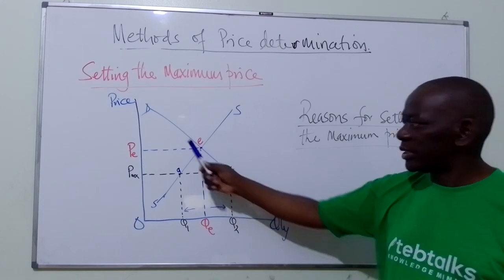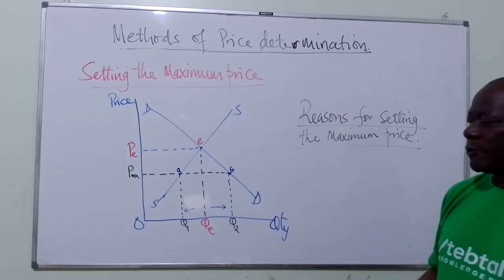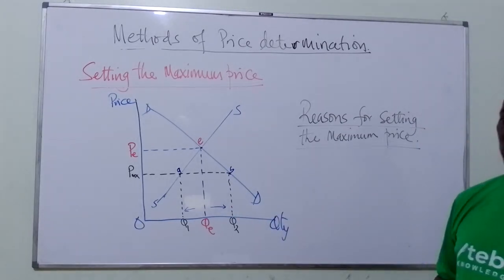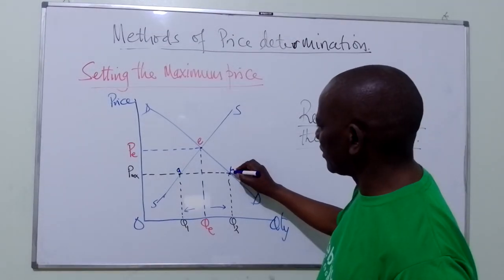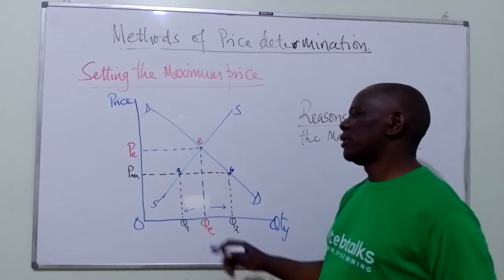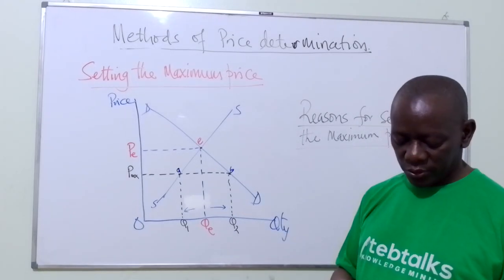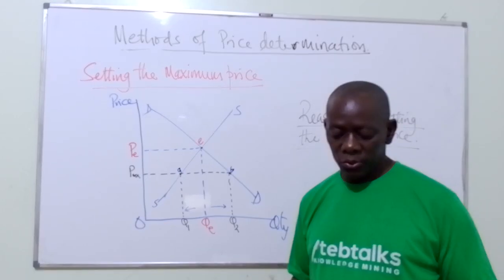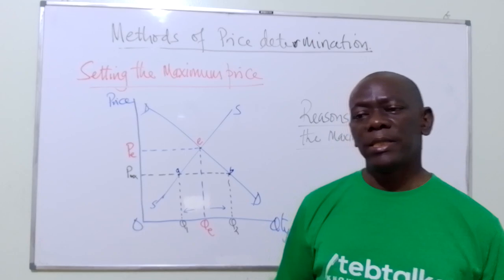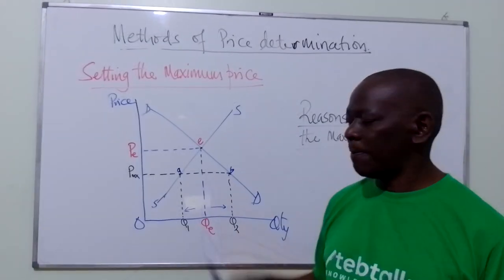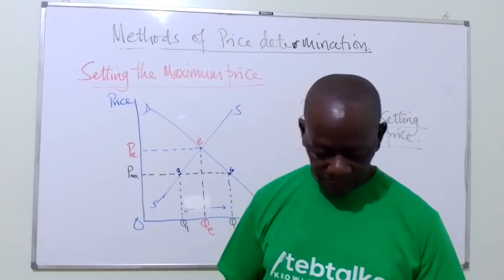There are people who have not demanded the commodities because the equilibrium price is high. So government comes in and says, no, we want everybody, or at least the majority, to consume this product. So it sets a price below the equilibrium to cater for all those who are not able to buy at that particular price, which is determined by the forces of demand and supply, establishing the equilibrium price.